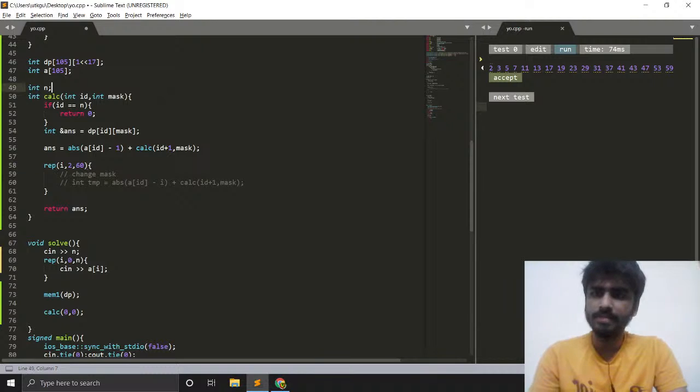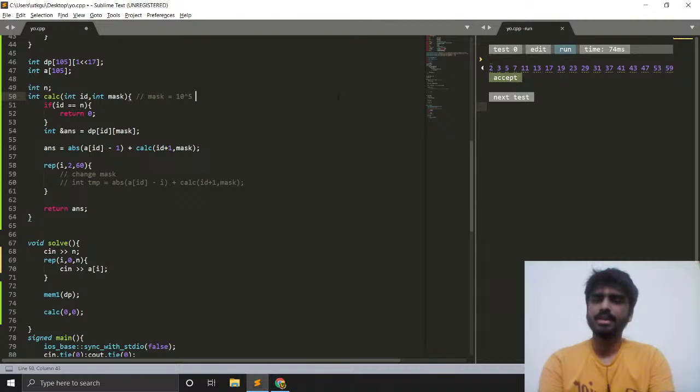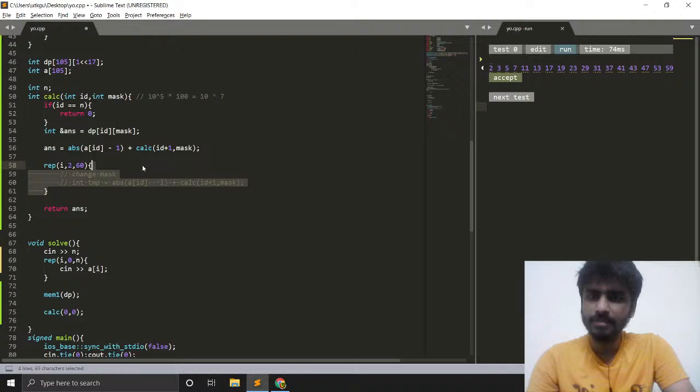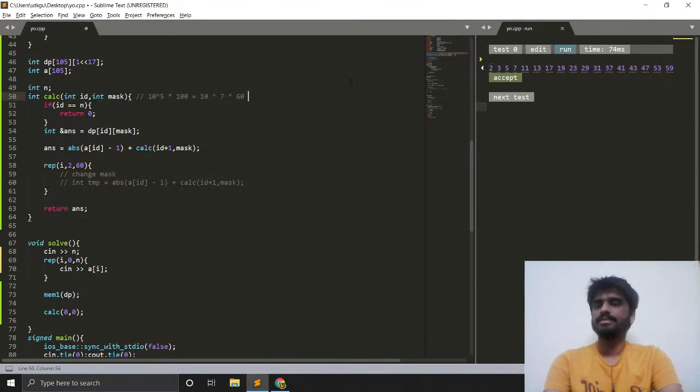But now I'm a little worried, because the mask is already equal to 10 to power 7, like mask is 10 to power 5 and IDs will give 100, so it's already 10 to power 7. Now I'm multiplying 60 more, so that's really bad for the time complexity.